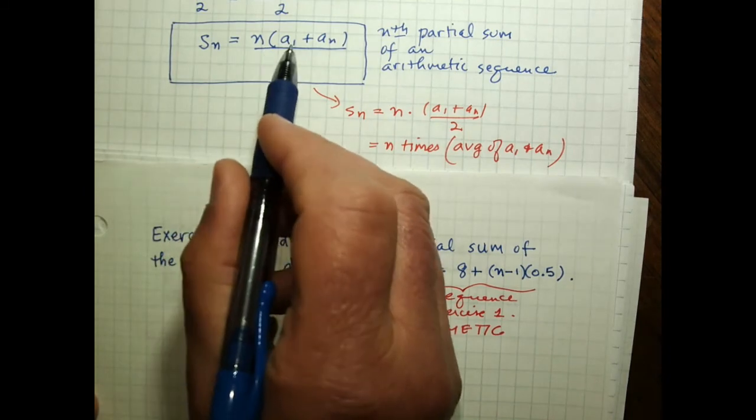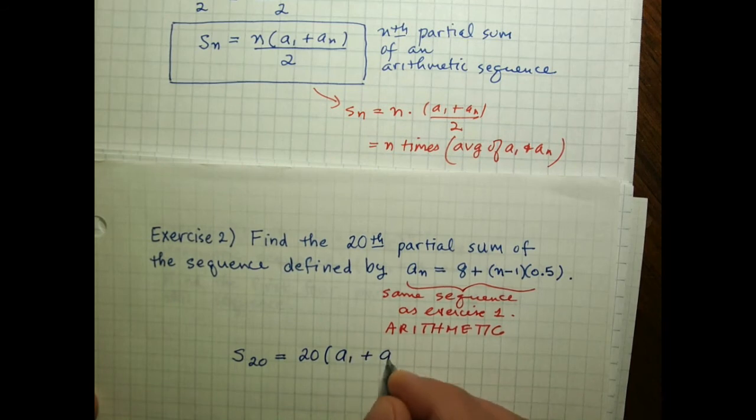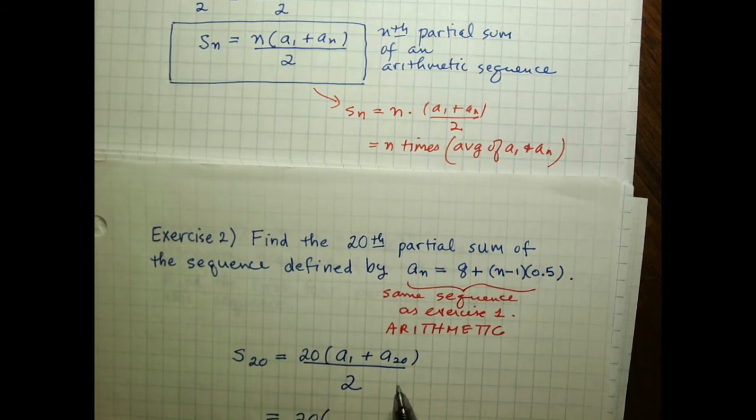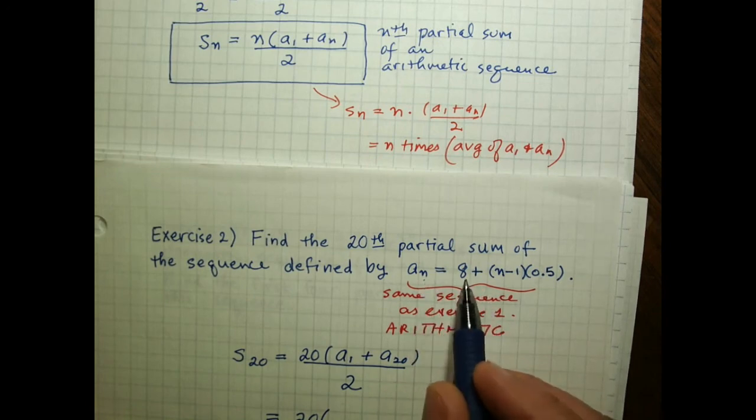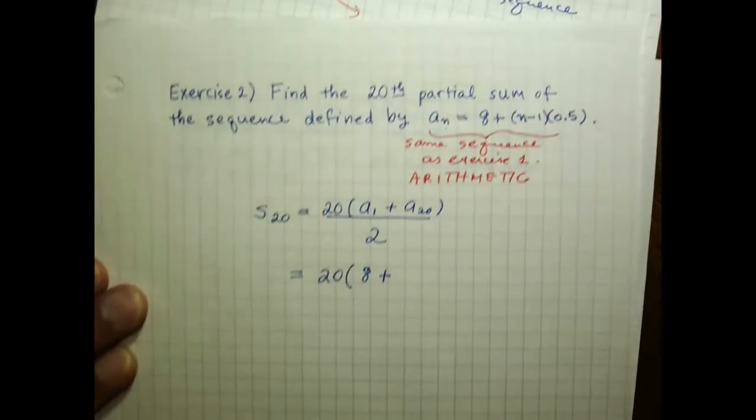It's n times (a1 plus an) over 2. So that's 20 times (a1 plus a20) over 2. So what is that? That's 20 times a1. I know my a sub 1 is going to be just 8, if I plug in n equals 1. a20, I gotta figure out what that is.